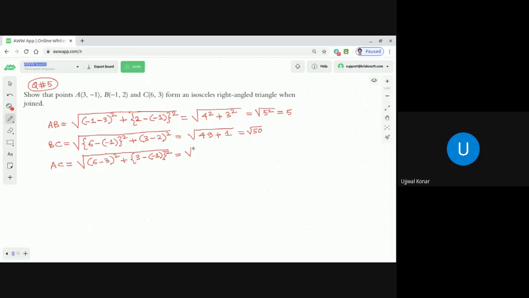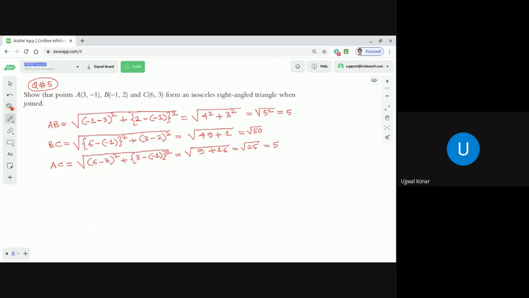That is equal to 6 minus 3, which is 3. 3 square is 9. And plus 3 minus minus 1, that is 3 plus 1, 4. 4 square is 16. So 9 plus 16 is equal to square root of 25, and square root of 25 is 5. So just by looking at it, one thing we are sure, as AB is equal to AC, definitely it is an isosceles.